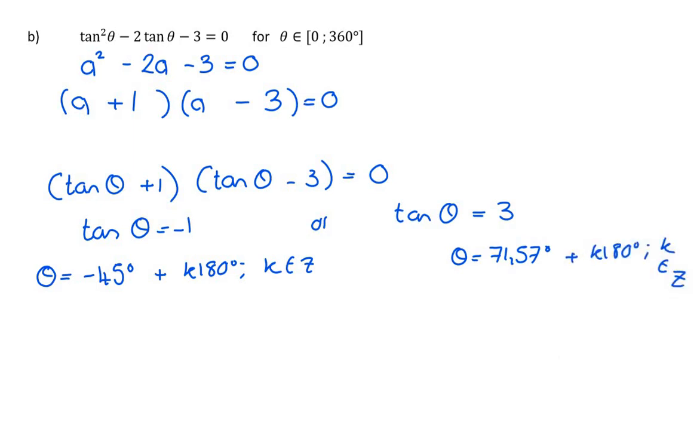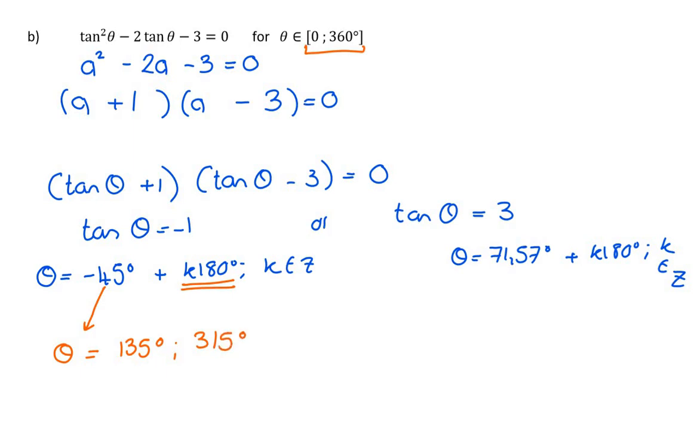Here they gave me a domain again, so from 0 to 360. So let's start. Well, negative 45 is therefore not acceptable. But if I take negative 45 and I add 180, I get to 135 degrees, which is acceptable. Now if I take 135 and I add another 180, because I'm allowed to add and subtract as many 180s as I want, I get 315, which is acceptable.